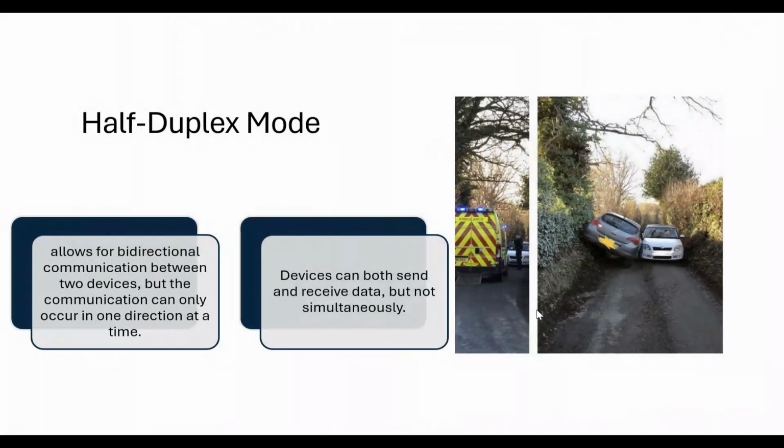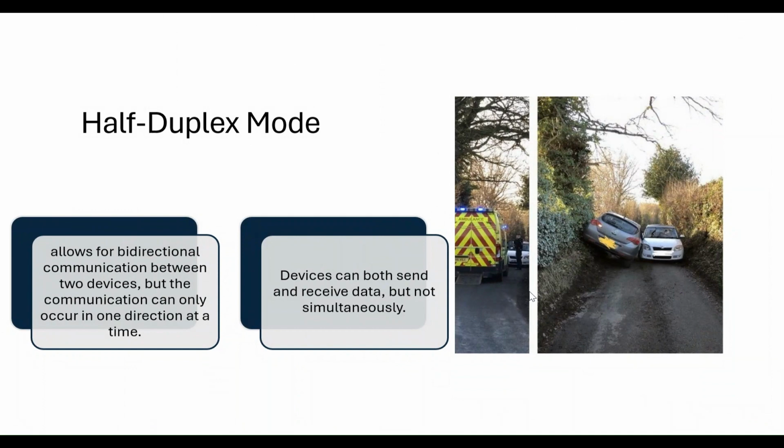Now into the half duplex mode. This is bidirectional, and the prefix bi means both or two, and so communication can go in both directions, but only one at a time. So it is like a one lane road.